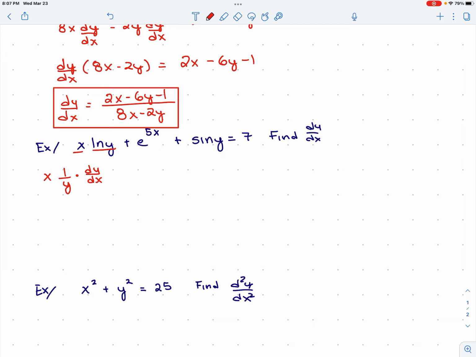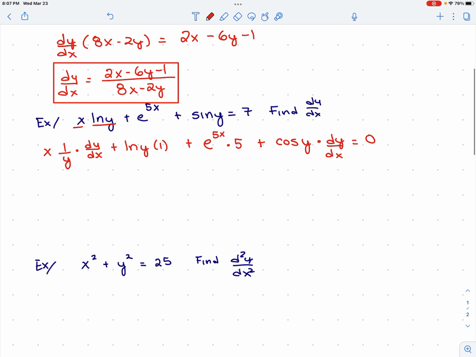So that's first times the derivative of the second, plus the second times the derivative of the first, which is just 1, plus the derivative of e to the 5x is e to the 5x times 5, plus the derivative of sine y is cos y times dy/dx, and then the derivative of 7 is just 0.